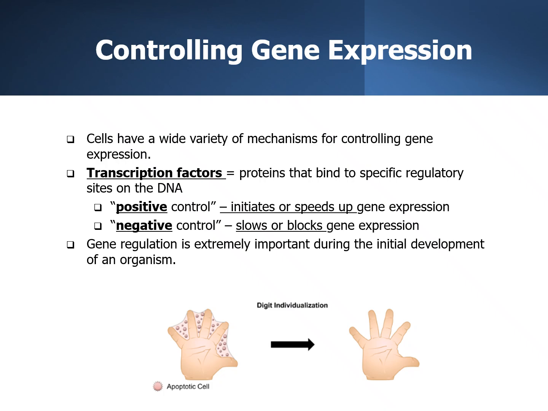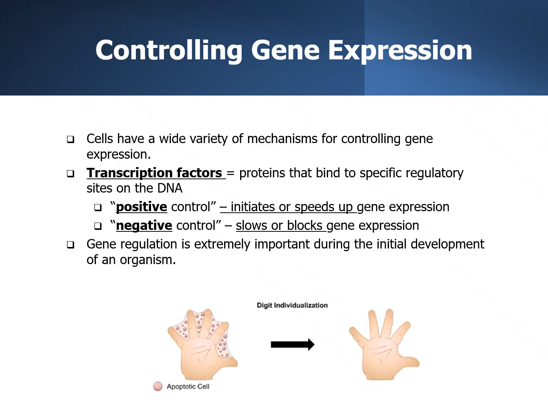So during a particular stage of fetal development, your hands have skin webbing between your fingers. You don't have individual fingers. You have something kind of like a paddle. In order for your fingers to separate, these transcription factors are really important.